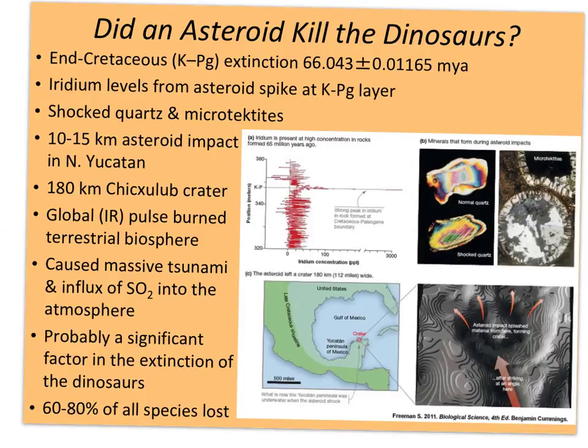Now, if this is true, one of the predictions you can make is that there should be the remains of a large crater somewhere on the planet. Of course, when he came up with this hypothesis with his son, most people just poo-pooed the idea. But there was something there, and until they actually found a smoking gun, so to speak, all bets were off.